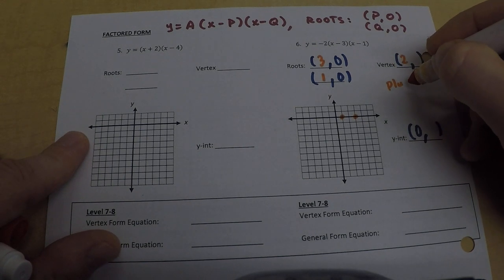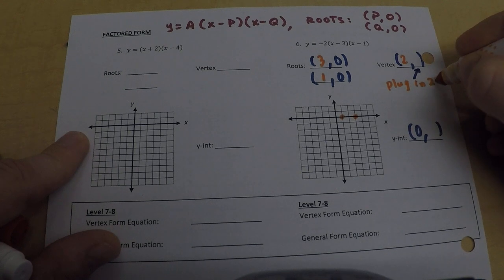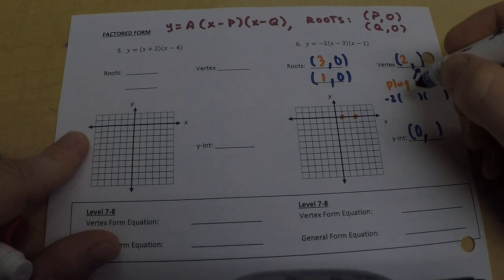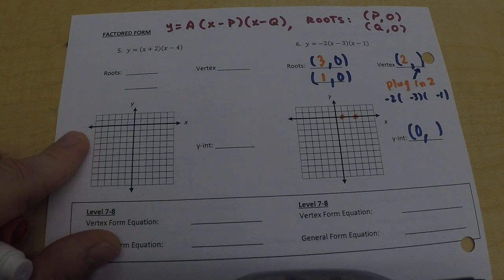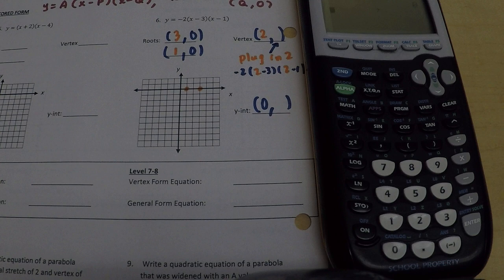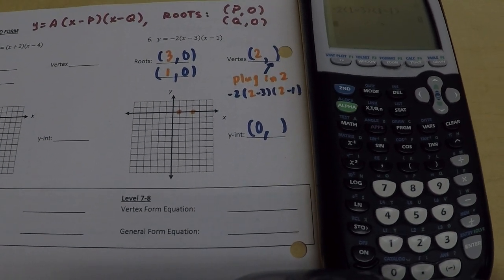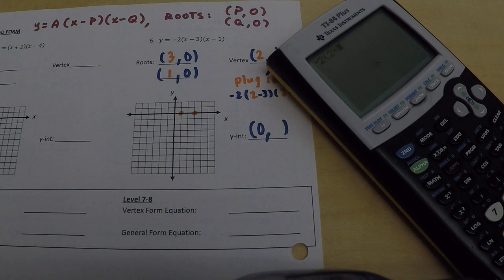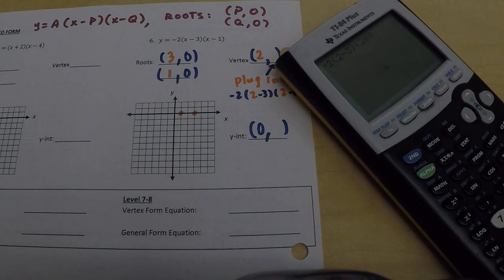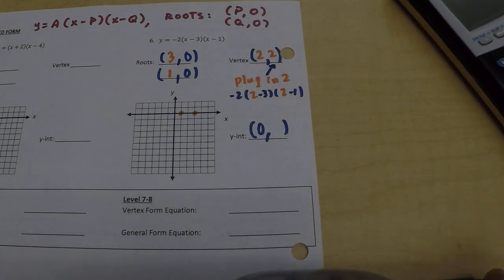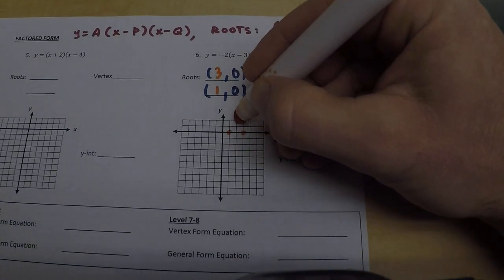So we'll plug in 2, and if I type that into a calculator, -2, 2 minus 3, and 2 minus 1. Enter, I get positive 2. Okay, so then I can plot that point, 2, 2.